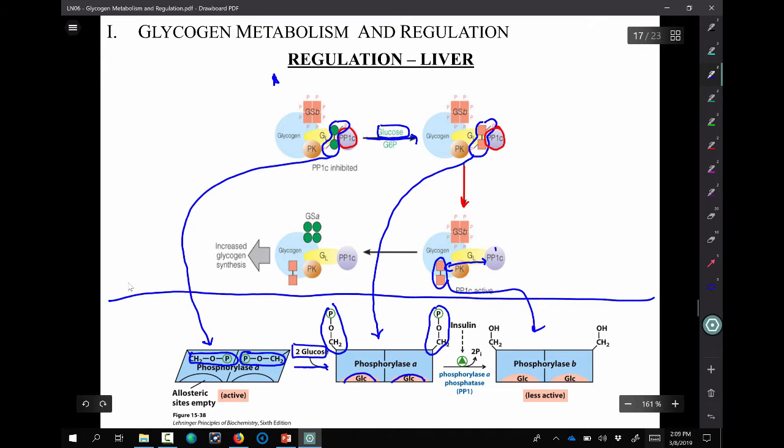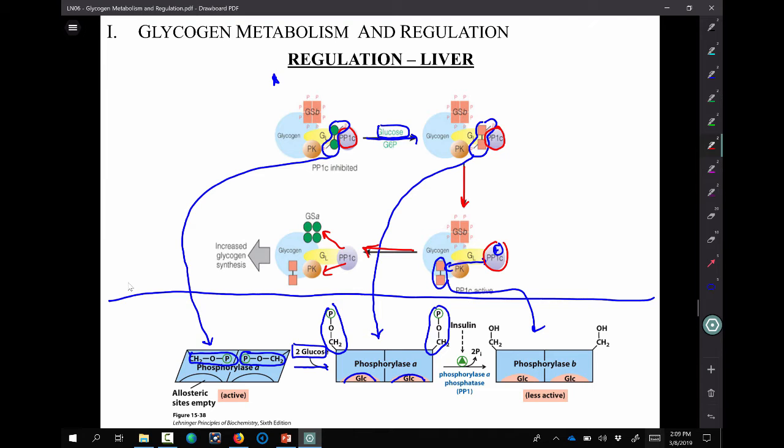That will make PP1C active. And then the active form of PP1C can go around and start to dephosphorylate other targets, specifically glycogen synthase and glycogen phosphorylase kinase. So there's this tiered effect of dephosphorylation.